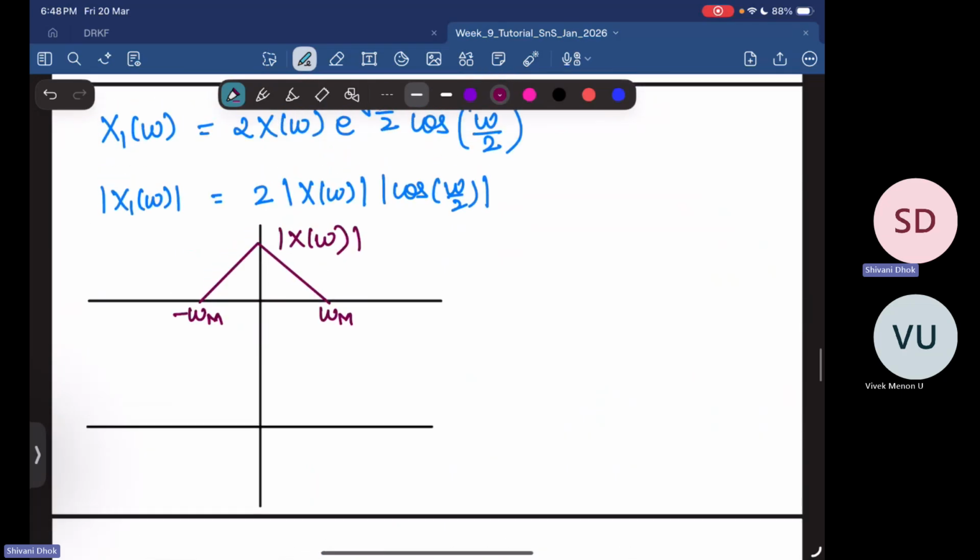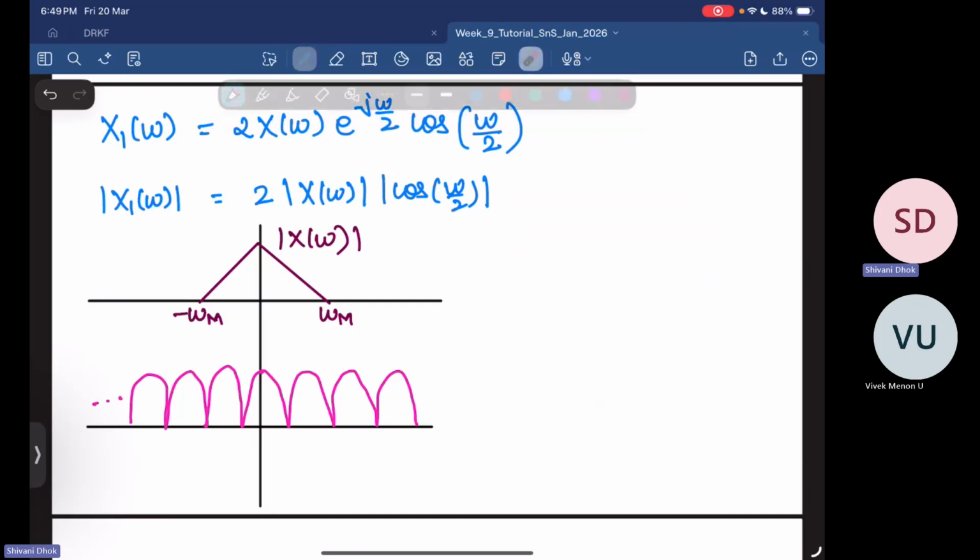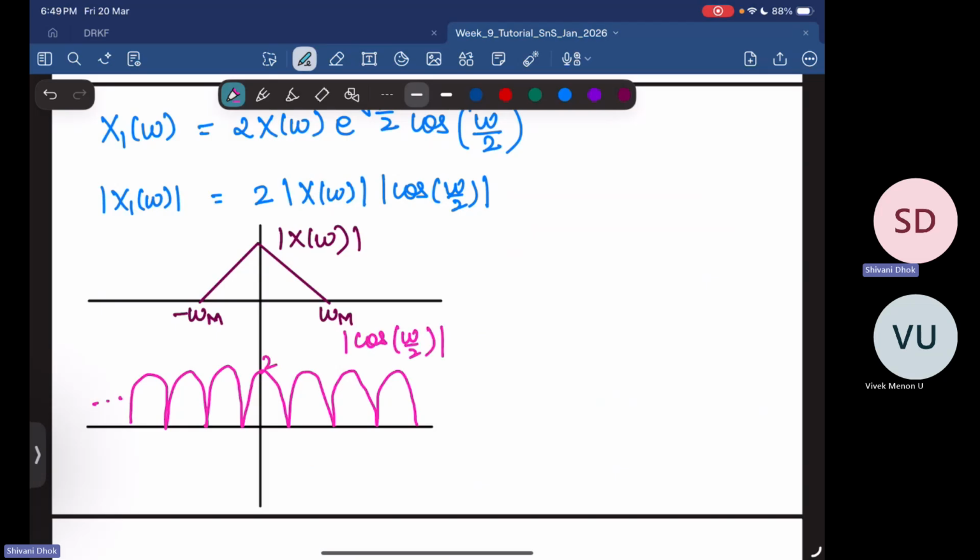And then you get cos of omega by 2. The cosine function will look something like this. For all values of omega it is not band limited. So the magnitude of x1 of omega is the multiplication of these two.